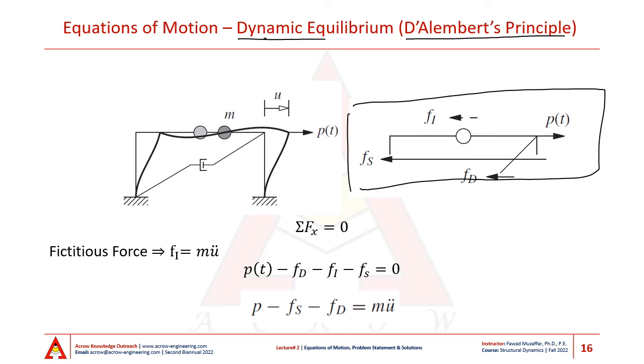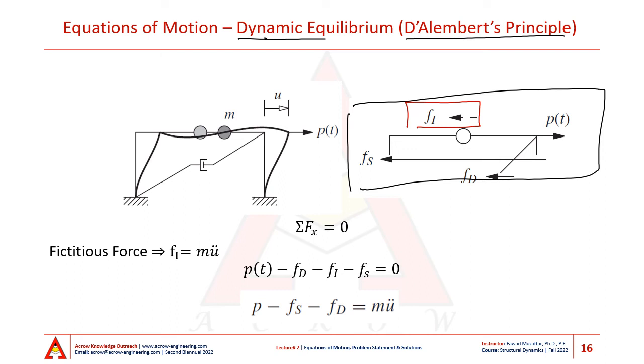Instead, we are saying that at any time instant t, our mass has to be in equilibrium under application of all forces, with one exception. What D'Alembert's principle tells us is that whenever there is a mass, there will be a fictitious inertial force acting in the opposite direction to the acceleration of the mass.